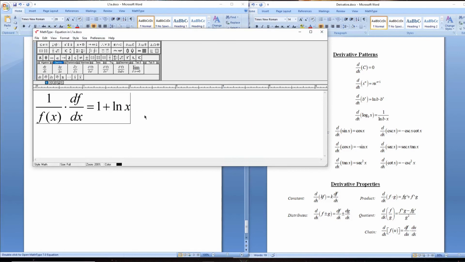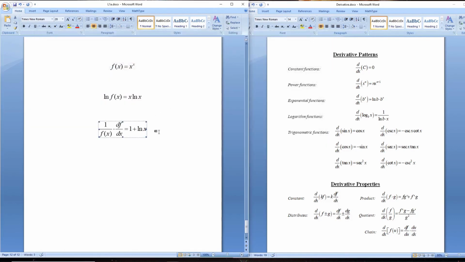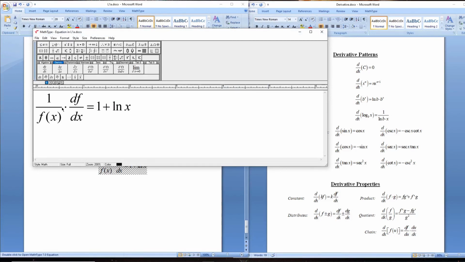So now our ultimate goal is to solve for df dx. And so how do we do that? Well, we'll multiply both sides by f of x.